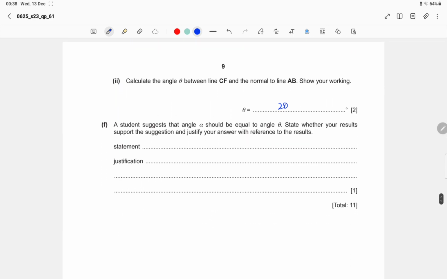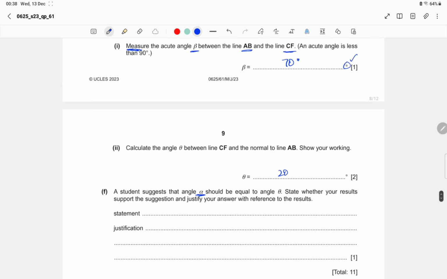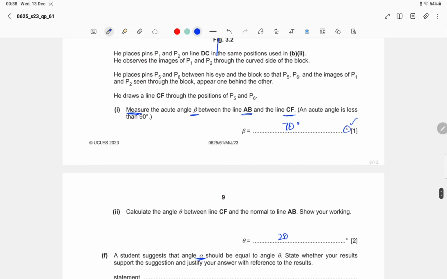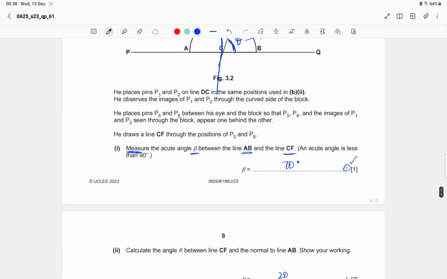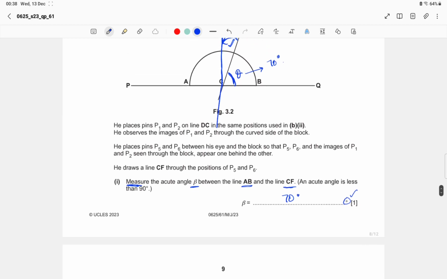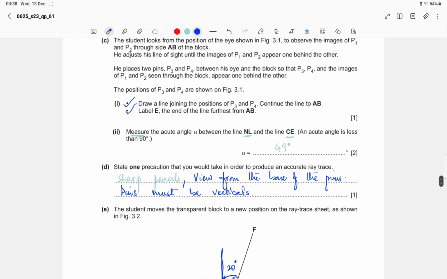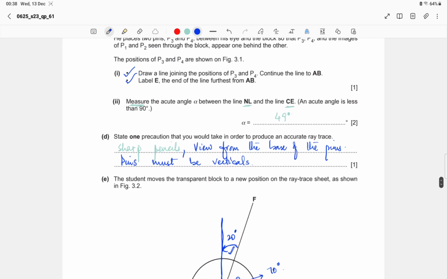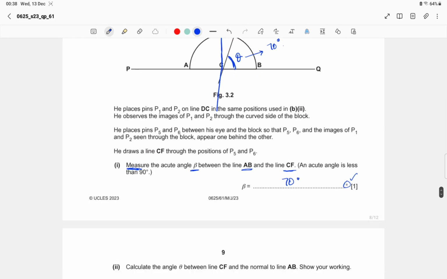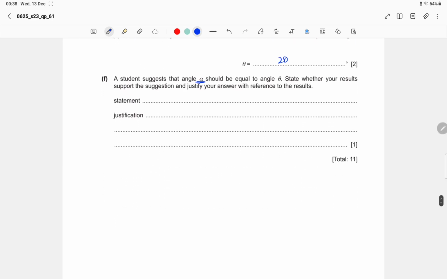A student suggests that the angle alpha should be equal to angle theta, which is 20 degrees. Angle alpha, yes, we have done it, it's 49 degrees. State whether your results support the suggestion, justify your answer. So this statement is wrong.